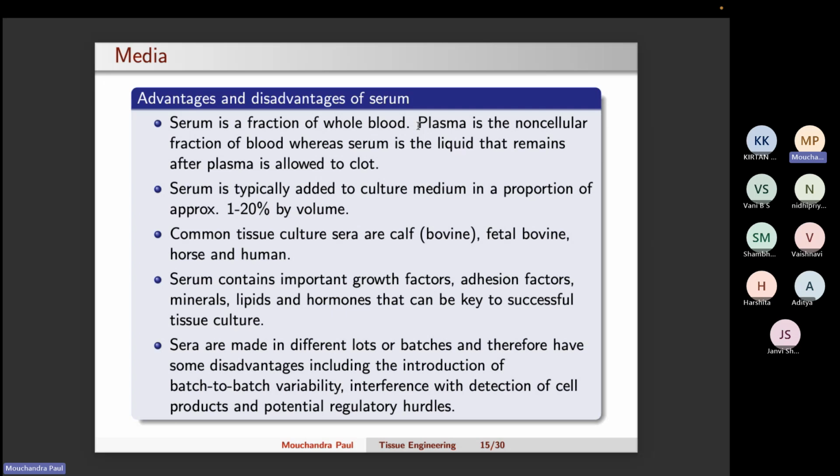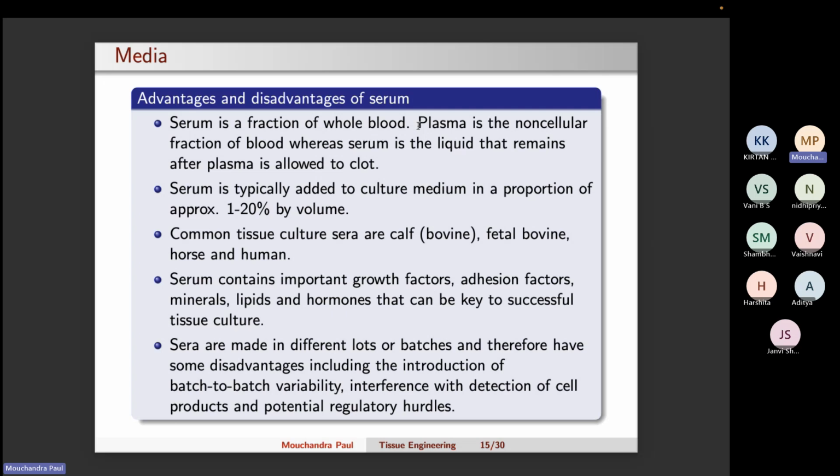The source of this serum can be multiple: it can be from a calf, a newborn bovine baby, or it can be fetal bovine taken from the fetus, or it can be taken from a horse or from human. Which is why this serum is very expensive as well. And they are taken directly from these animals, right? So we have to use it very consciously.